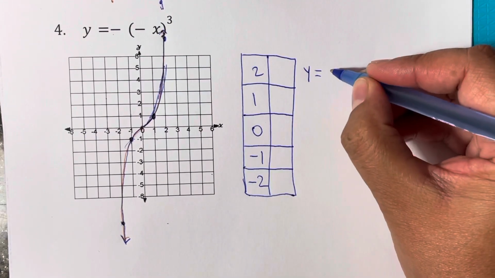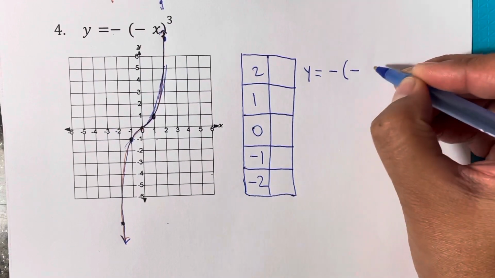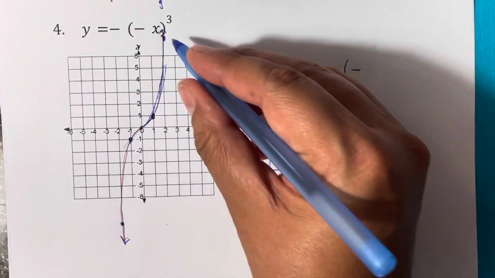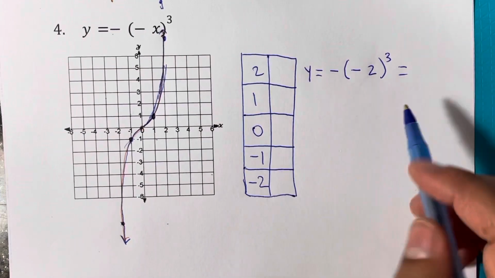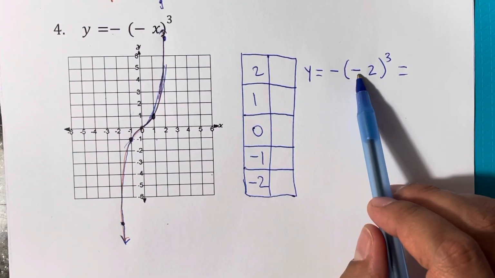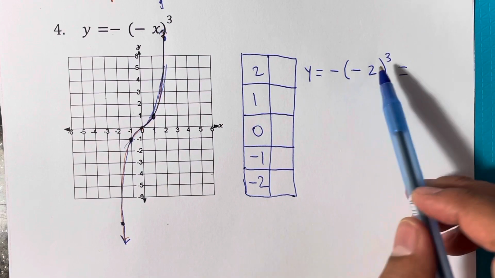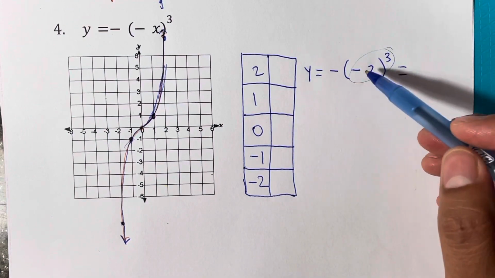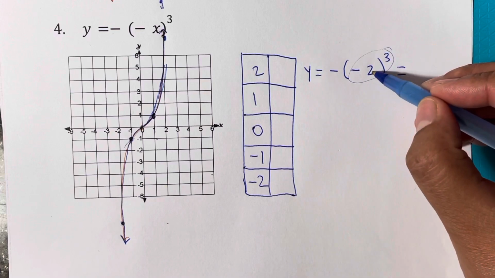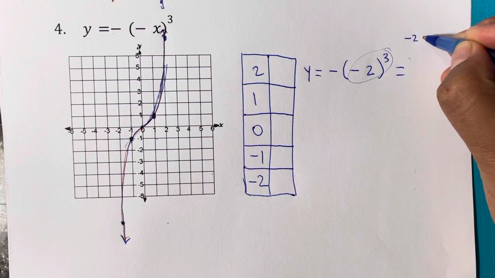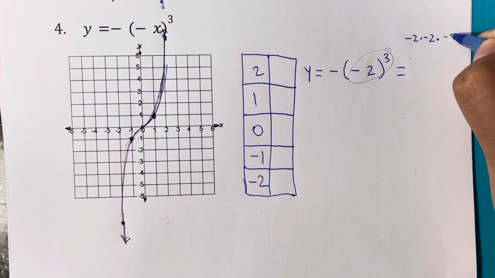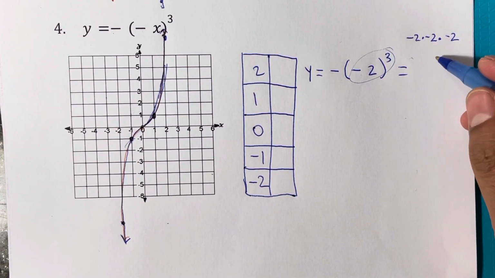So y is equal to negative, bring down the negative, and substitute the x. x is negative 2 cubed. In here, be careful, don't do negative times negative is positive. No, first is the exponent and then the multiplication. So negative 2 times negative 2 is positive 4, times negative 2 is negative 8.